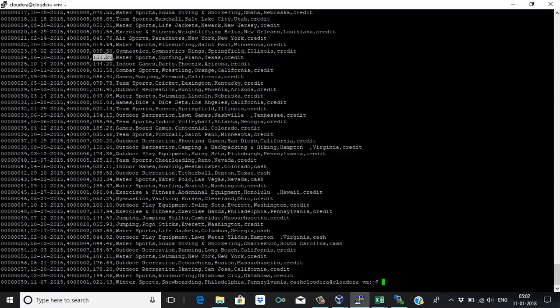Okay, and then we have amount, so we can get which customer performed which transaction on which date, what the amount was, and where he or she spent the money. Which country they belong to, what the payment mode was, credit card, debit card or cash. Okay, and what they bought, rings, piano, phoenix and so on. So we can get all this information with the help of join as a single output.